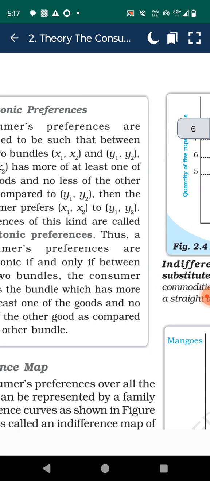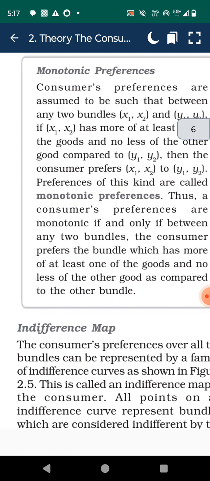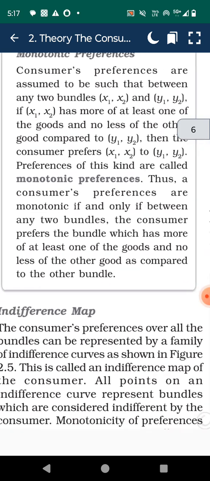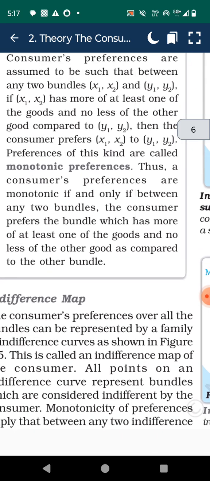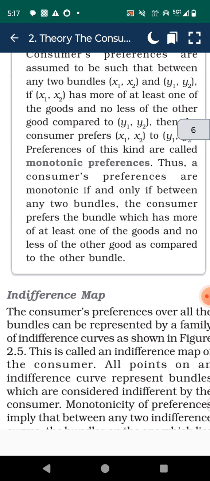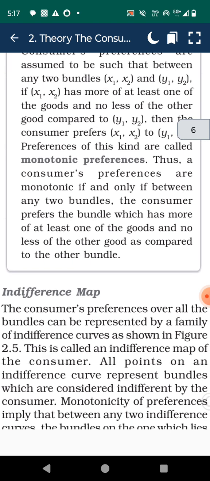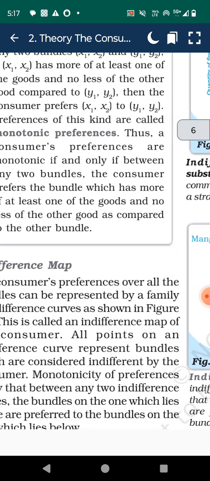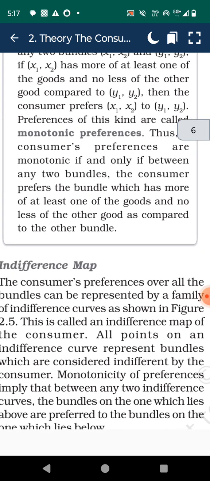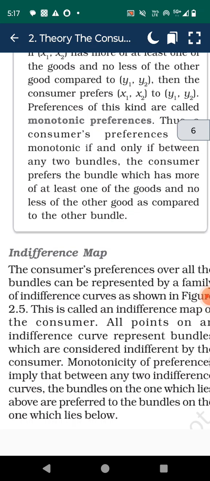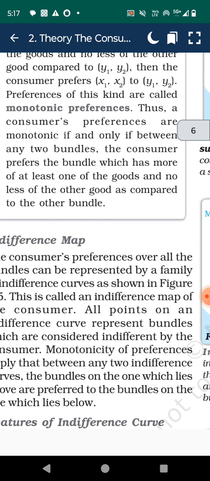Monotonic preference. Consumer preferences are assumed to be such that between any two bundles (x1, x2) and (y1, y2), if (x1, x2) has more of at least one of the goods and no less of other goods compared to (y1, y2), the consumer prefers (x1, x2) to (y1, y2).